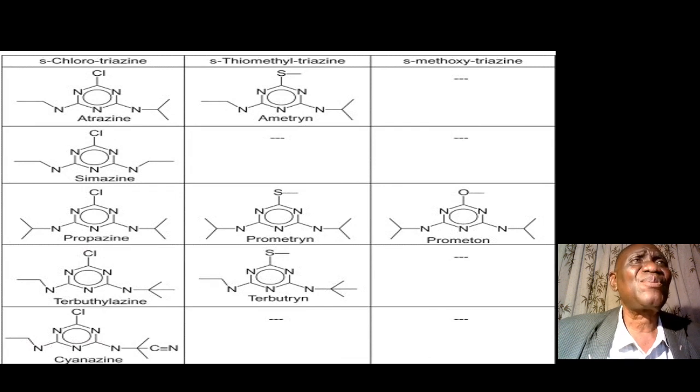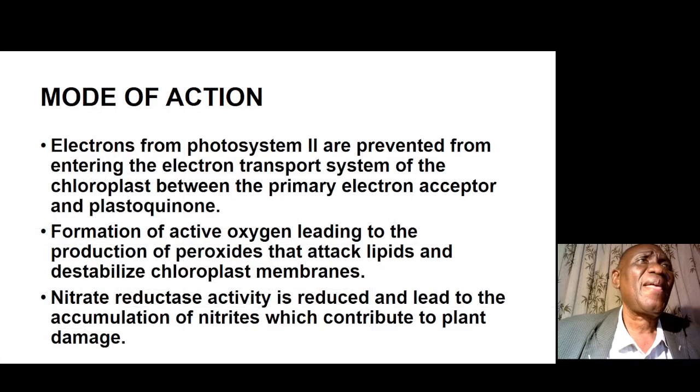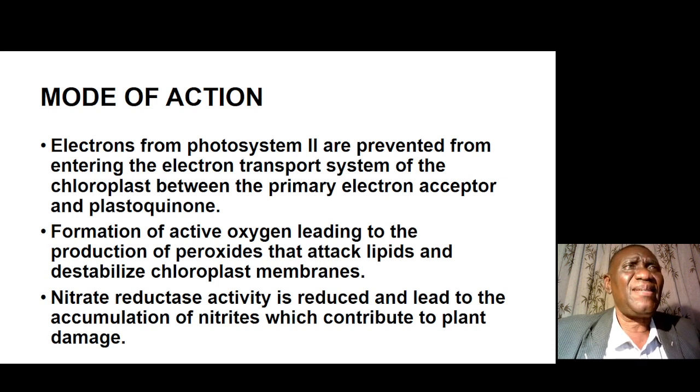Again, examples of triazines. We are not going to unpack these molecules. What you need to remember about the mode of action of triazines is that they affect the photosynthesis of the plant.